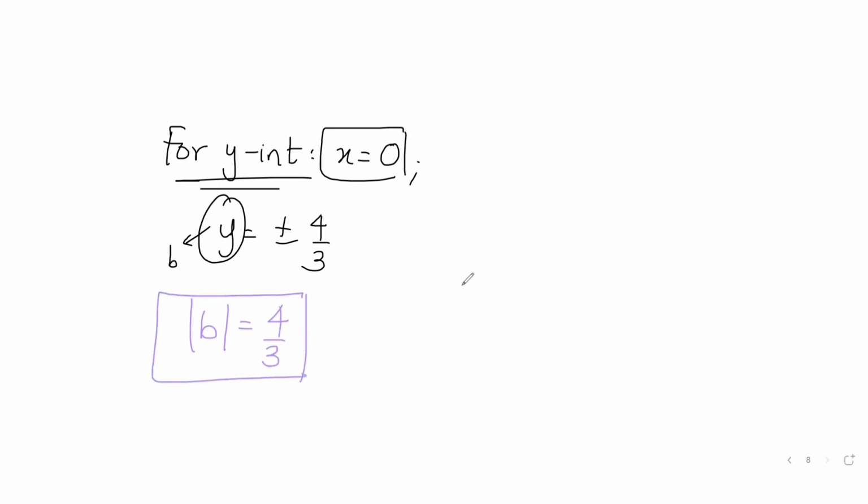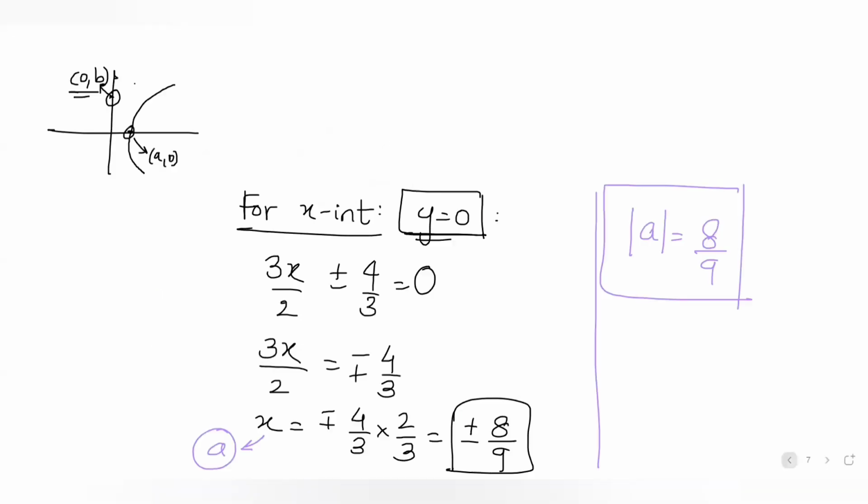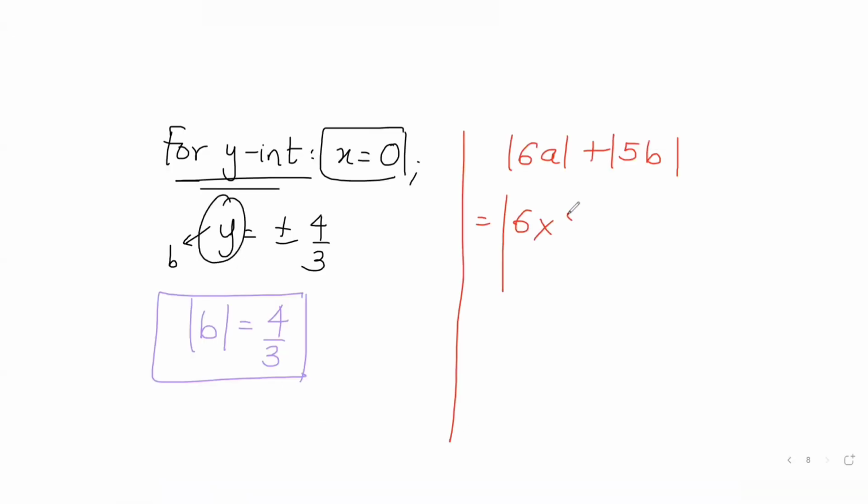Now, once you have mod of A and mod of B, substitute the values into the expression: mod of 6A plus mod of 5B is equal to mod of 6 into 8/9, plus mod of 5 into 4/3.